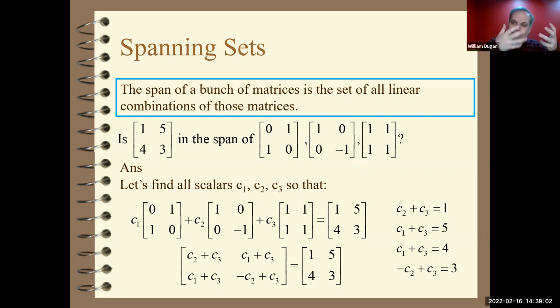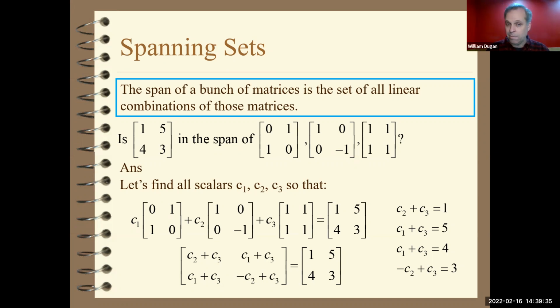When you say something is in the span, you really mean, is it a linear combination of the matrices that form the span? So we just have to find scalars C1, C2, and C3 so that this particular linear combination equals 1, 5, 4, 3. Once again, we add up the left-hand side, and by comparing corresponding entries, that gives us these 4 equations. And we just want to know now, is this system consistent or not?